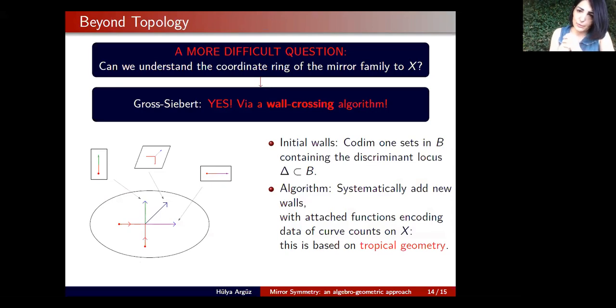And Gross-Siebert showed that this algebraic way to add these one-dimensional walls is actually not so random. At the end of the day, you always end up with balanced graphs. And I showed that these balanced graphs are really all of the tropical curves that give the invariants you want. So this count of tropical curves gives Gromov-Witten invariants.